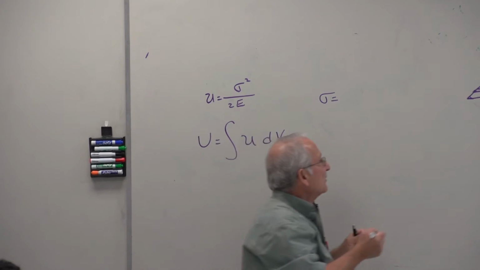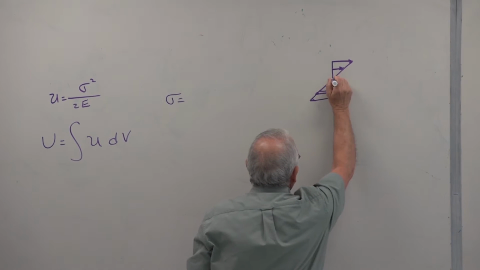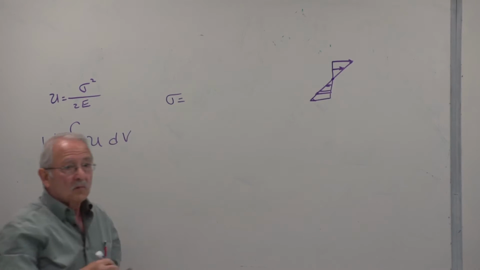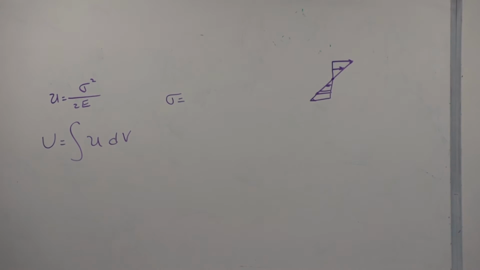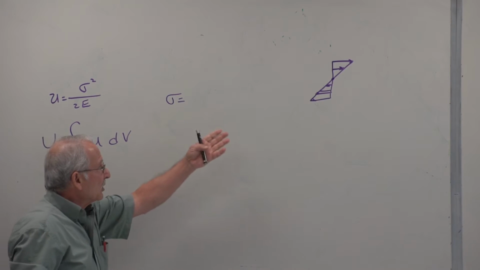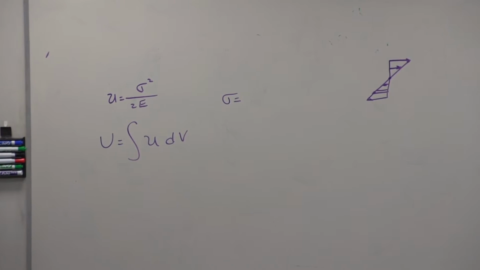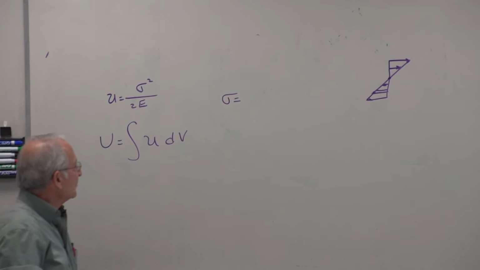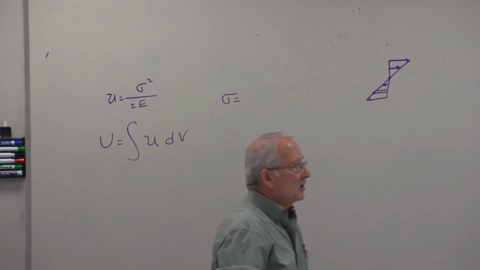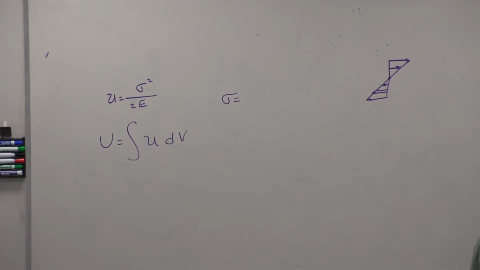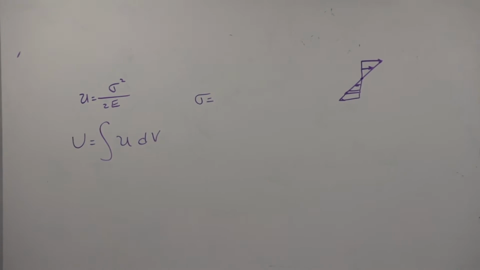So for example, for this point, the neutral surface, since there is no stress, there's no strain energy density at that point. As you move away from the neutral surface, the magnitude of sigma increases, and so will the strain energy density. Therefore, we have to integrate this by substituting for sigma this value My over I.